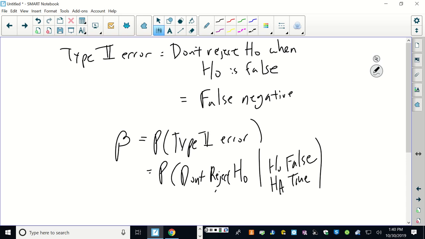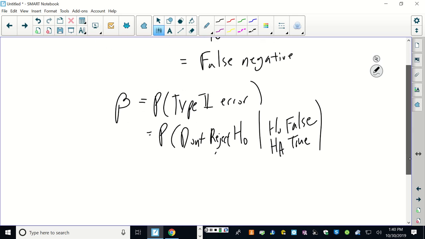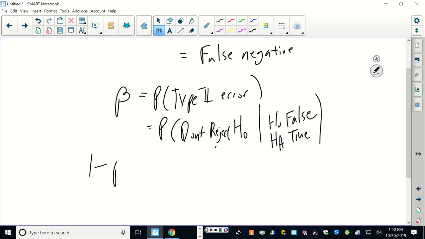And there's often a lot of ways HA could be true, but some alternative is often what we're thinking about. Right? 1 minus beta is called statistical power.